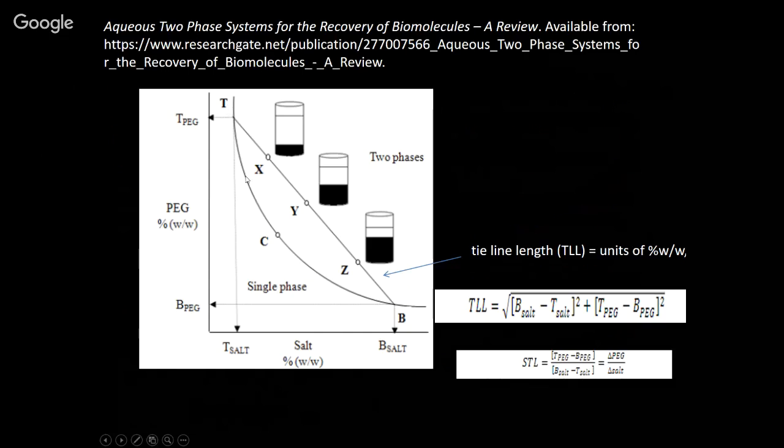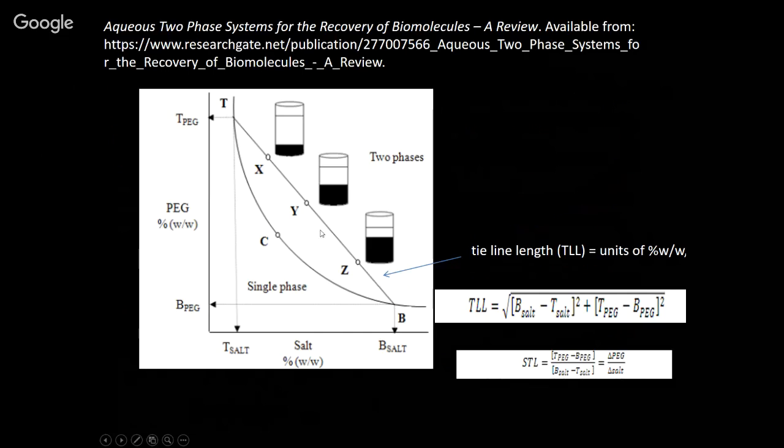So we get this equilibrium relation, below which we have the single phase, above which we have the two phases. And this is called the tie line. Again, the units are percentage w/w.